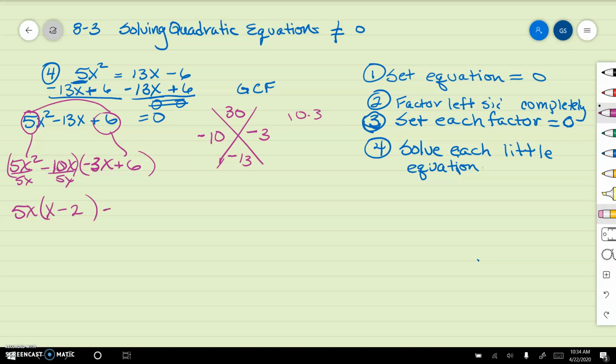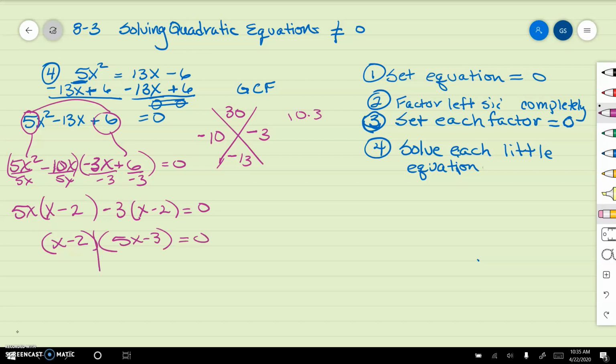On the next one, I'm going to take out a negative 3. If I divide by negative 3 everywhere, what I'm going to have left is x minus 2 again, okay? Equals 0. Oops, I forgot an equals 0 then. It is an equation. Our factors here are going to be x minus 2 and 5x minus 3.